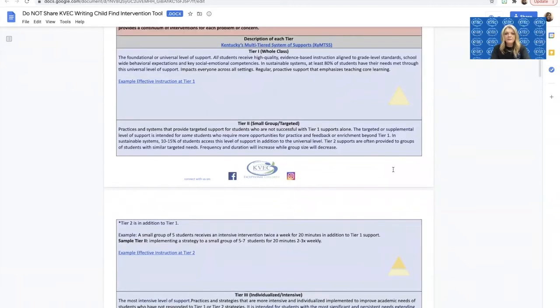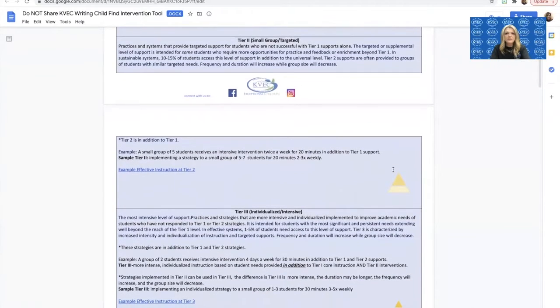After you have implemented Tier 1 instruction, you may have some students in your classroom that need additional assistance that did not quite master the concept. Usually it is about 10 to 15% of your students. Those students will move to a Tier 2 intervention group.